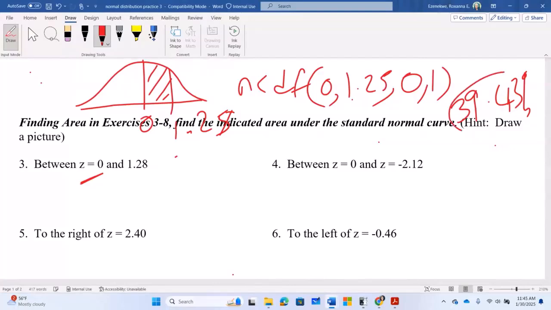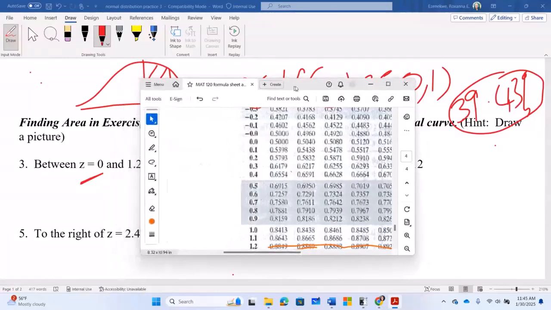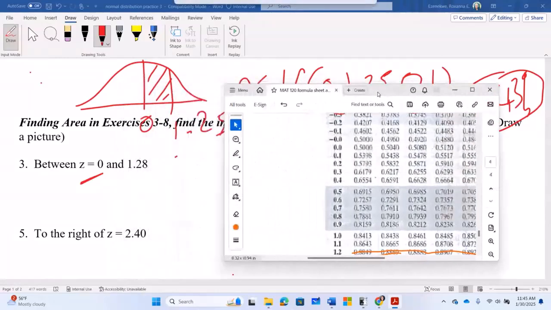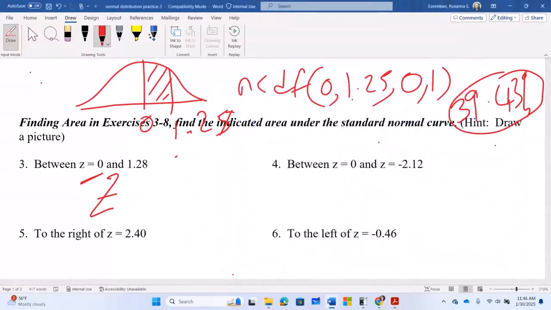So the area, what if I use the chart? Let me use the chart. I'm going to use the chart to find that area also. So I'm going to pull up the chart. And the lower bound is 0. We already know that 0 is at the center. The mean divides the normal curve into 2 equal parts. So I can say Z upper bound equals 1.28, and the Z lower bound, Z0, is equal to, I'm subtracting, by the way.